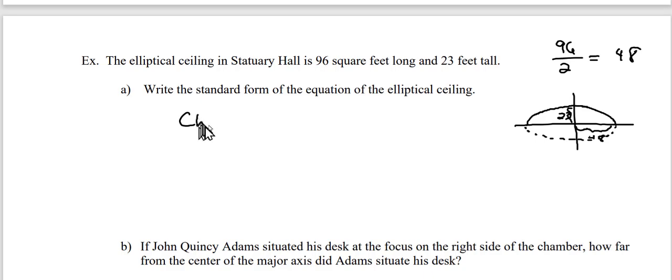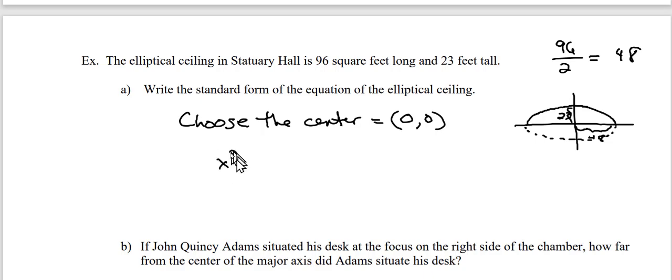Because we are choosing the center to be right at the center of that ellipse, we can force it to be 0, 0. You could do that differently, but it's going to make this more complicated. That means we're going to have x squared and y squared over some numbers equal to 1 with a plus sign between them.